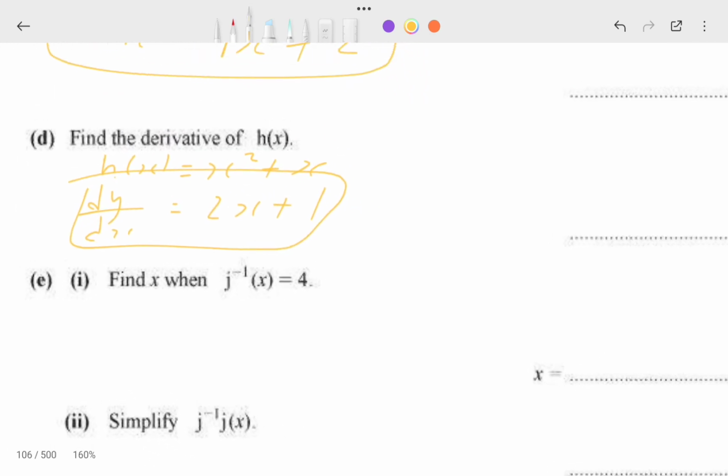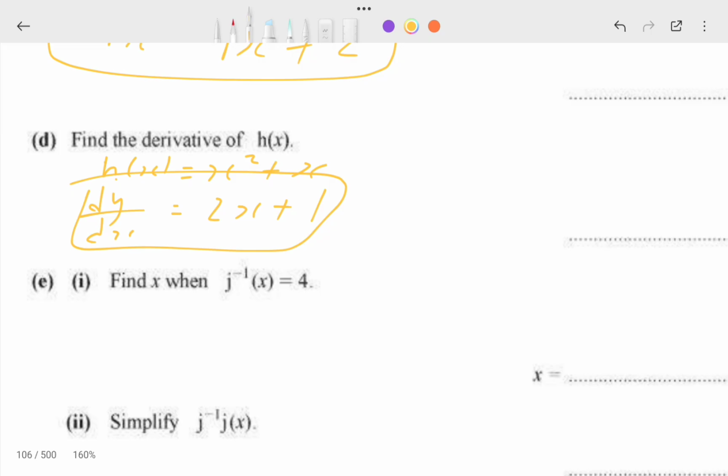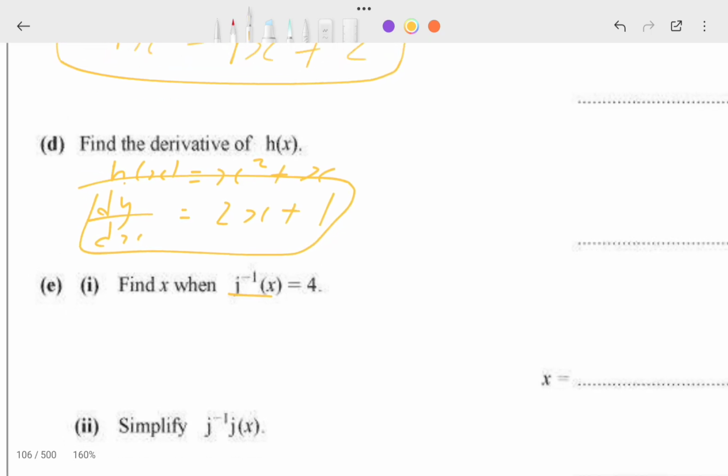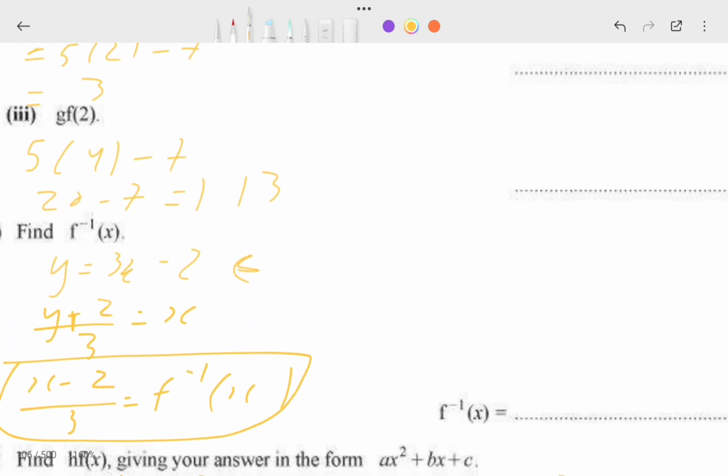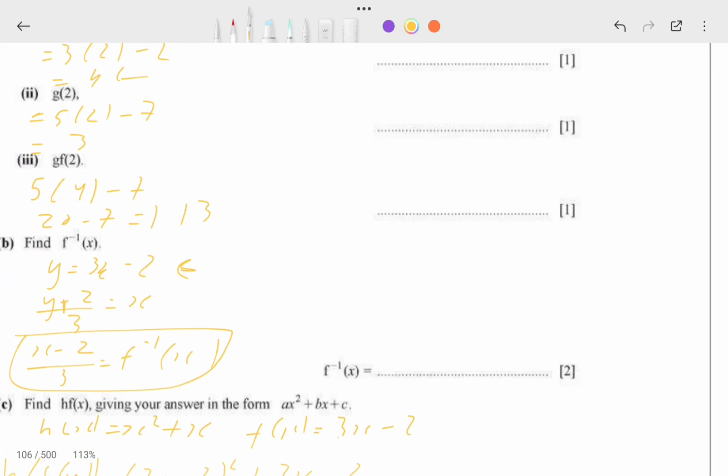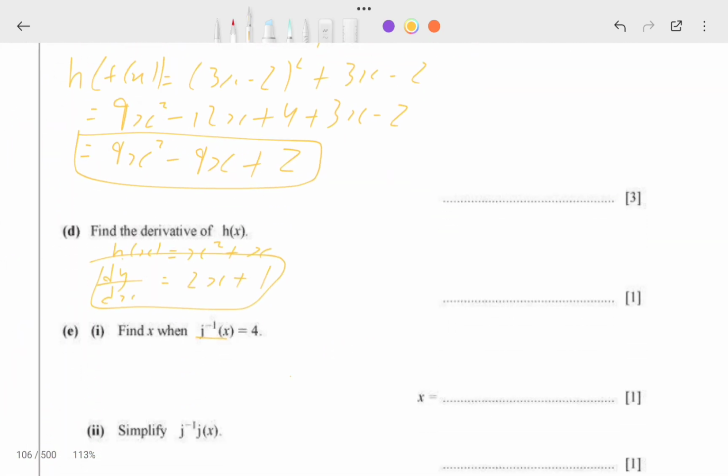Okay, find x when j inverse of x is equal to 4. First we should find j inverse of x. So j is equal to 3 power x.